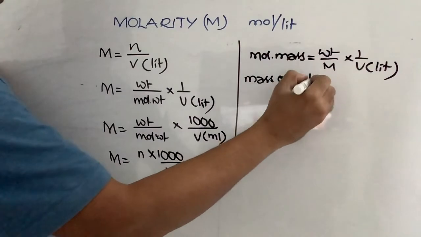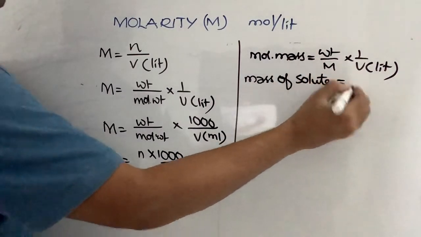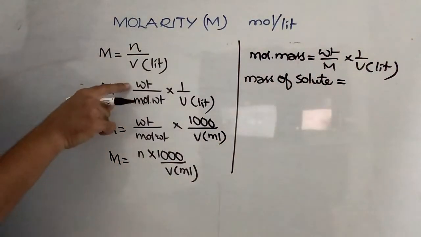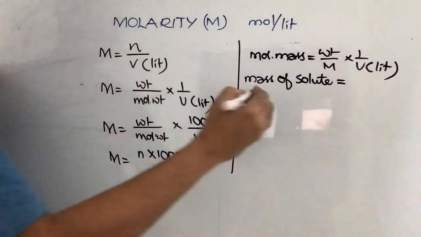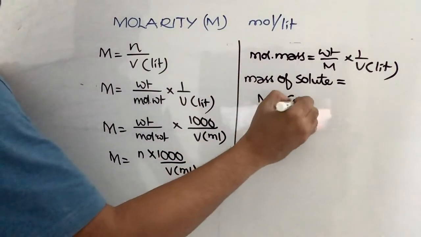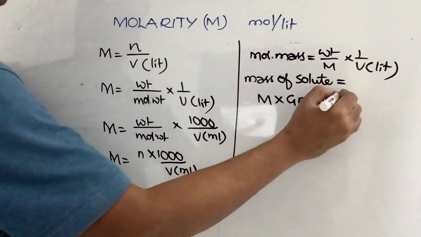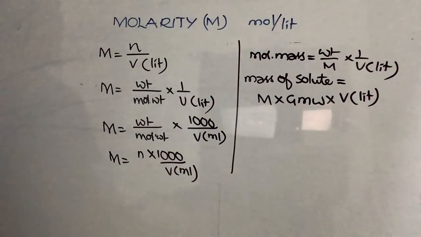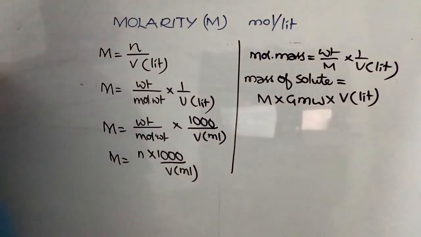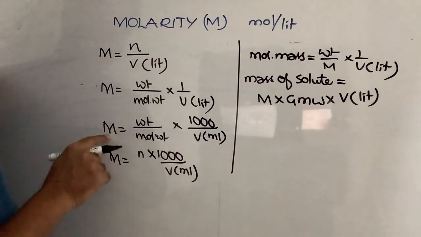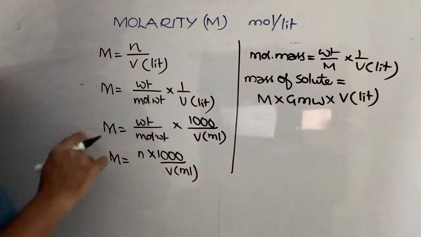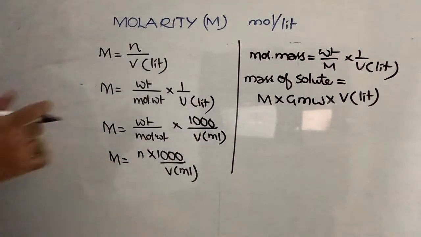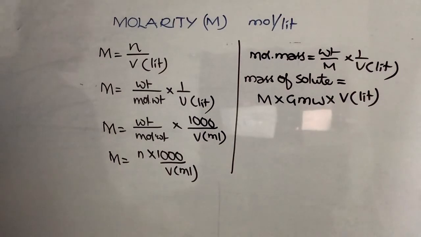Mass of solute, or the weight of solute, is equal to molarity into gram molecular weight into V, if it is given in liters. If it is given in milliliters, then divide by 1000. Weight is equal to molarity into molecular weight into V by 1000.